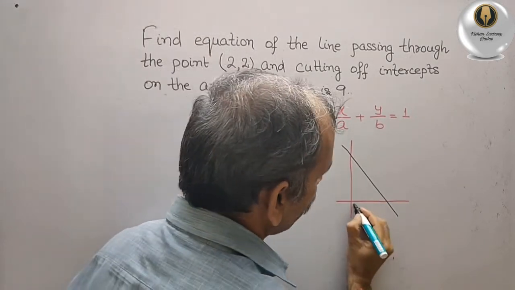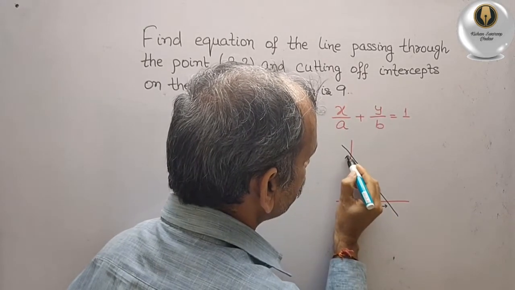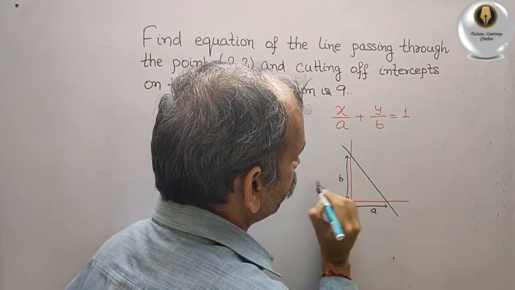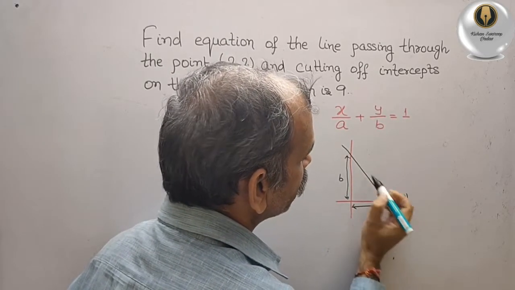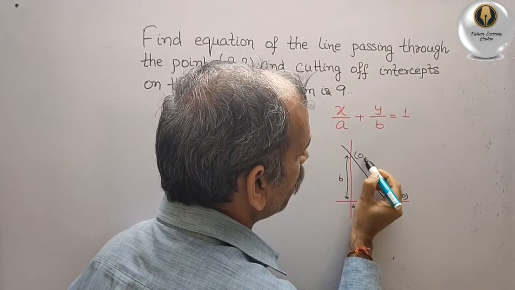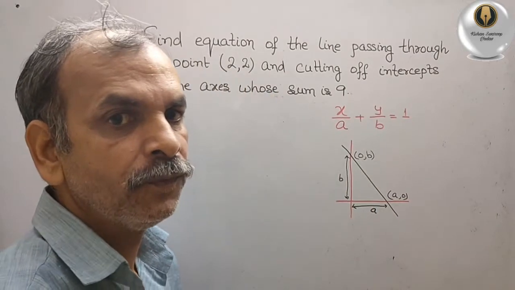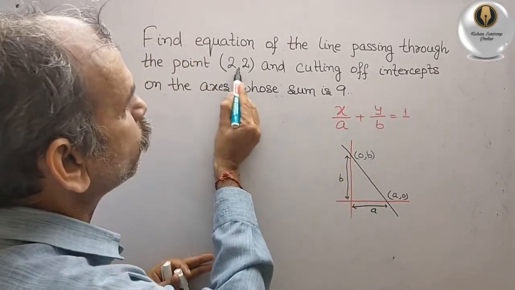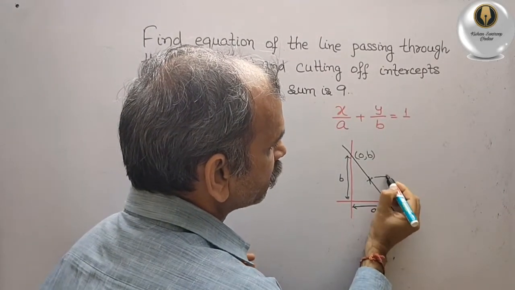This is your A and this is your B. So now the coordinates of this are (A, 0) and this is (0, B). These are the two coordinates. In between, this line is passing through the point (2, 2). That means suppose (2, 2) is here.